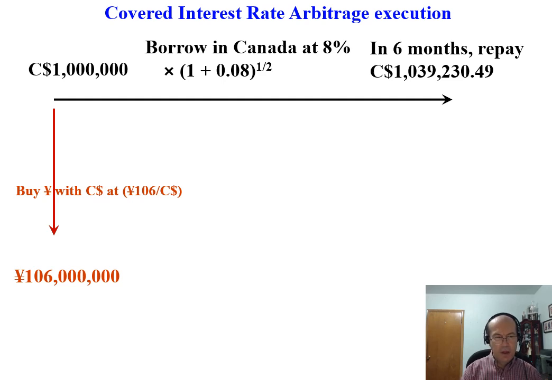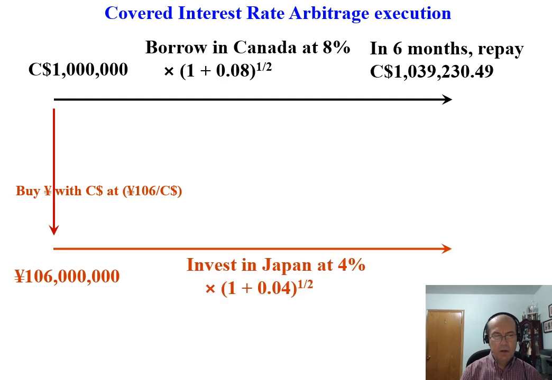So now let us compute how much the trader will have in Japanese yen. In order for us to know how much the trader will have in 6 months in Japanese yen, we compute how we will invest this 106 million Japanese yen at 4%. T, again, is 1 over 2 because the Japanese yen are invested for half a year, for 6 months.